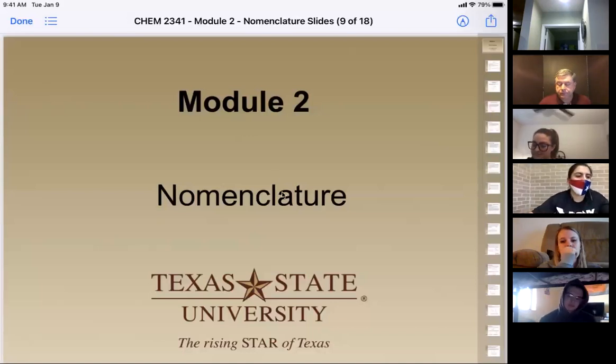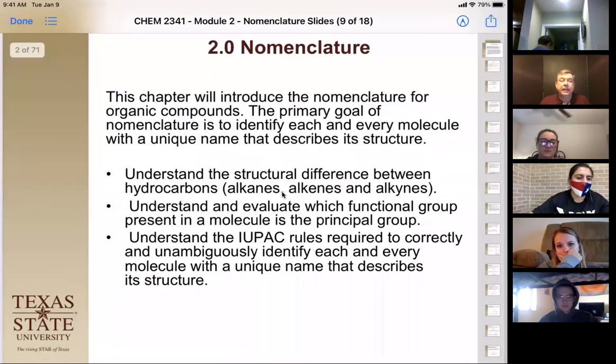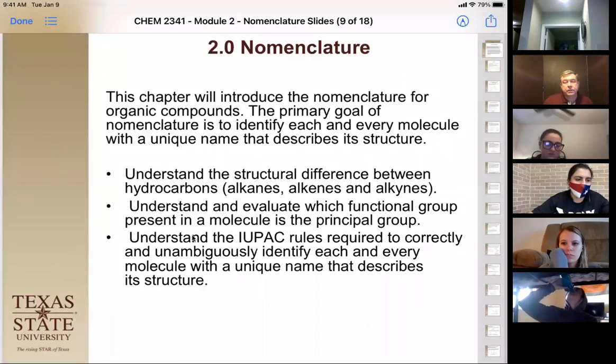So let me go ahead and start with this Module 2 nomenclature. Okay, so in general, we are going to get through this by understanding the structural difference between the different hydrocarbons. And these are things with only single bonds, things with double bonds, and things with triple bonds between carbons. When we do this, we will also talk about the different types of functional groups.